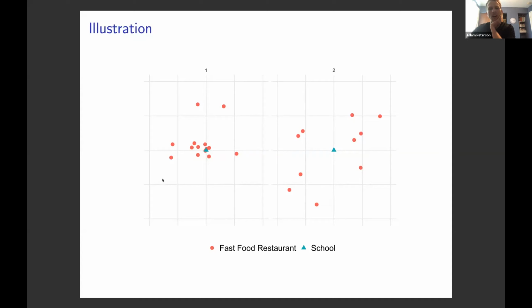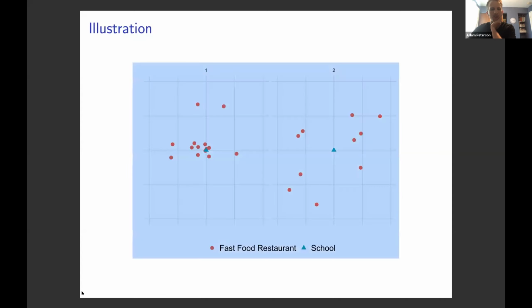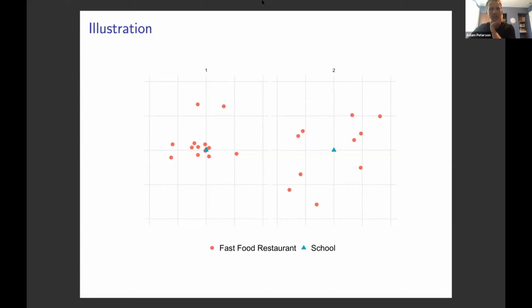On the left-hand part of the screen, you can see I have a school with a lot of fast food restaurants nearby. On the right-hand side, I've got a school with fast food restaurants that aren't super close by, and there might even be a different number here. So it's an abstract hypothetical.